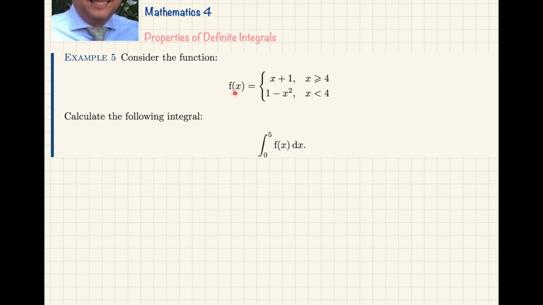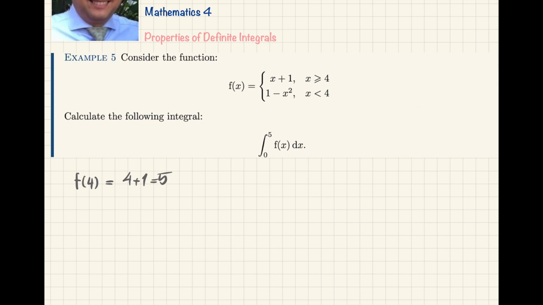If the input is less than 4, this other rule should be used. For example, if I ask you what is f of 4, you need to replace x with 4, but which x? The x here. Because 4 satisfies this condition, I have to use this rule. So it becomes 4 plus 1 is 5.